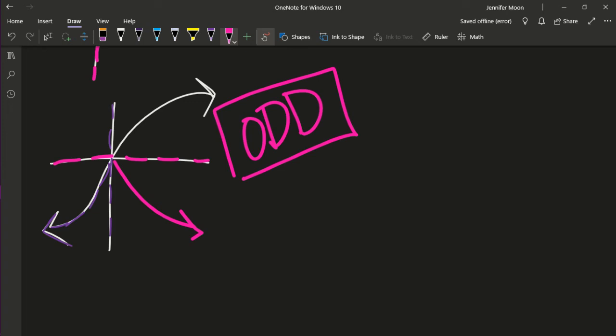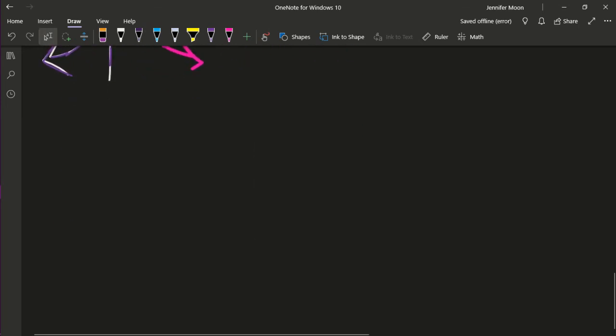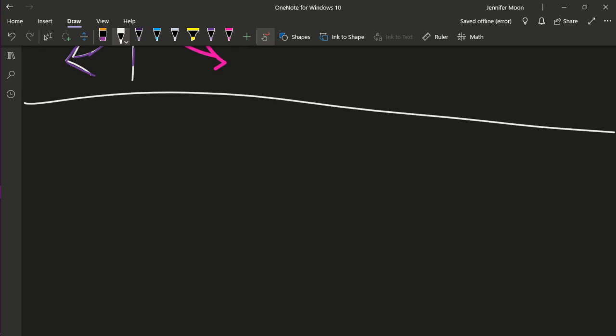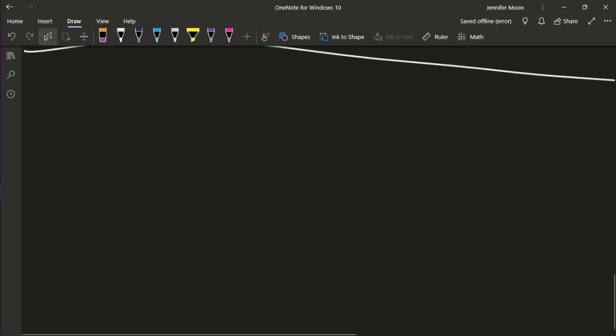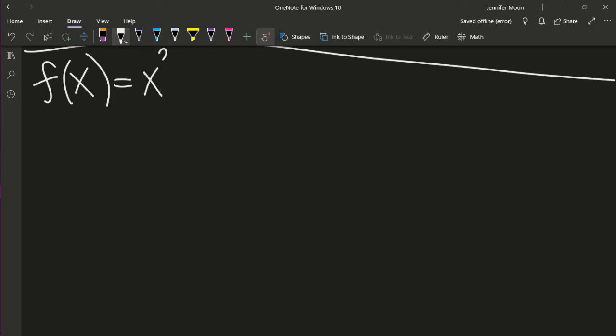Now let's do an actual example with equations, trying to see whether or not it is an odd or an even function. Okay, so say we have f of x is equal to x cubed, and then we have a negative 6x.